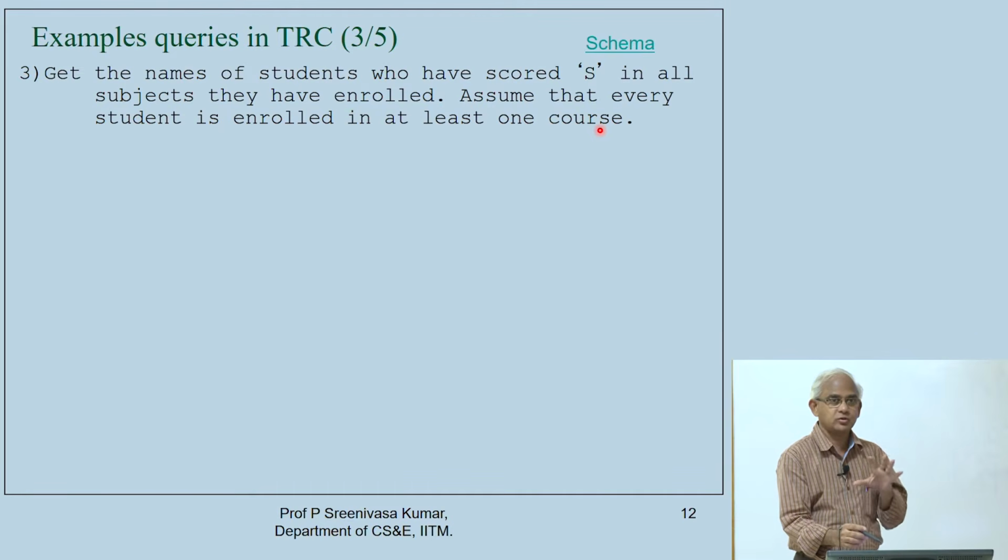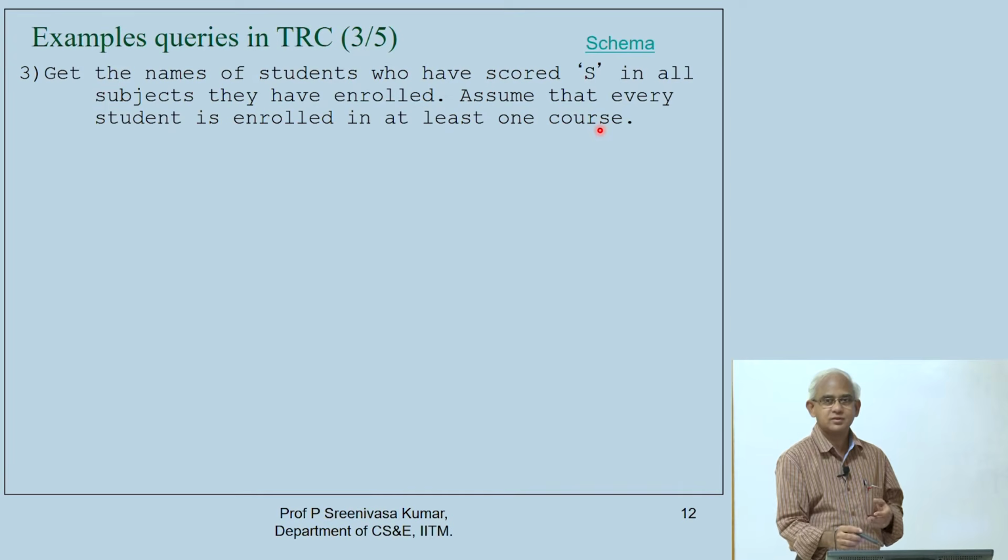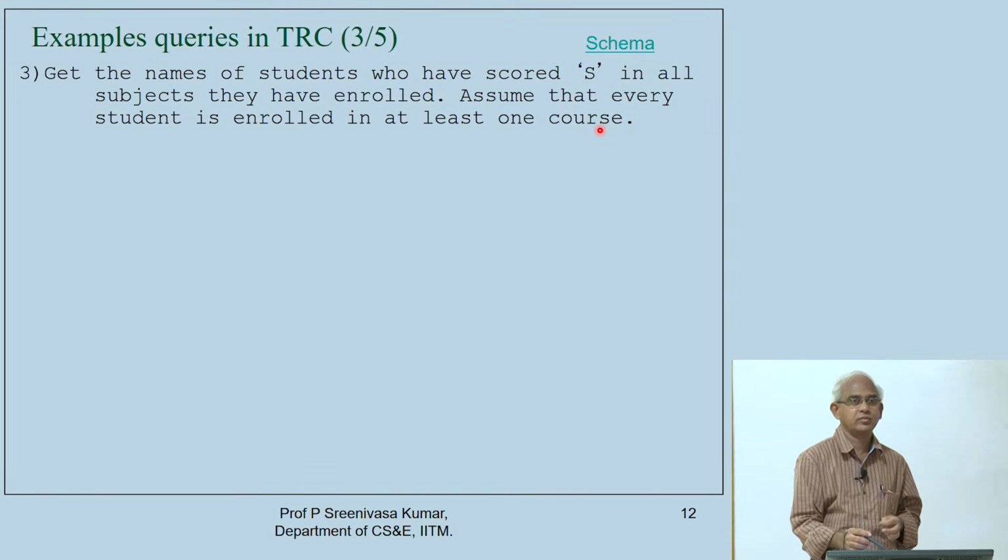Please recall the truth table of the implication symbol, P implies Q. What will happen if P is true, Q is false? Then the implication is false. If P is false, what happens? It does not matter whether Q is true or false, it is always true. That is the case of vacuous truth.